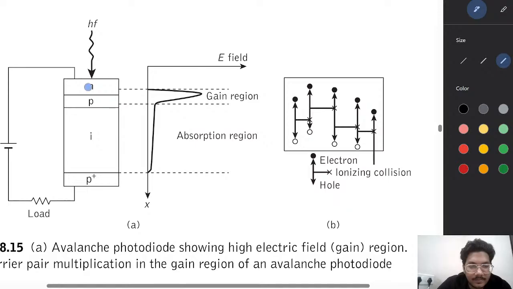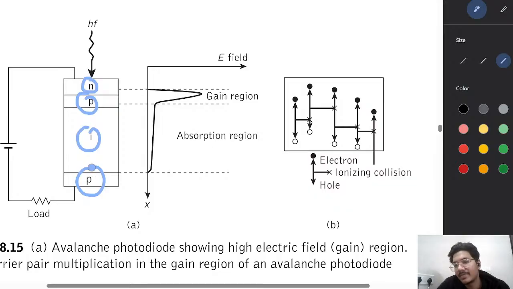In the avalanche diode, we can see N P I P regions. In the absorption layer the photon generates the carrier pair, and there is a very high electric field region where carriers multiply. We can see the very high electric field in this region, and after that it decreases gradually.